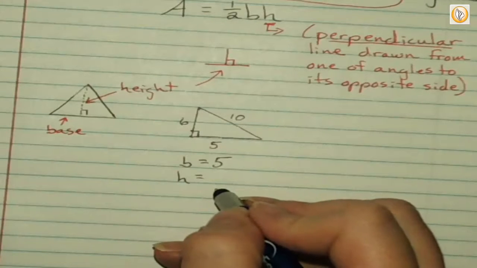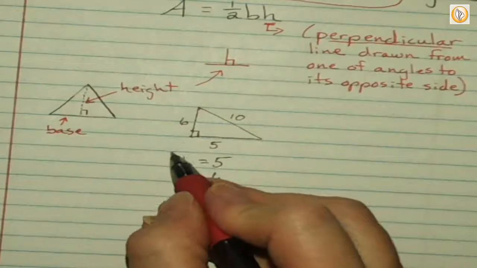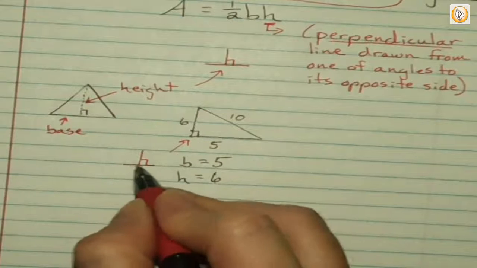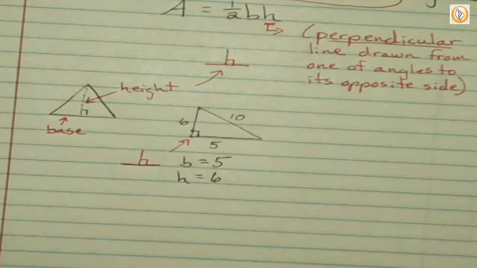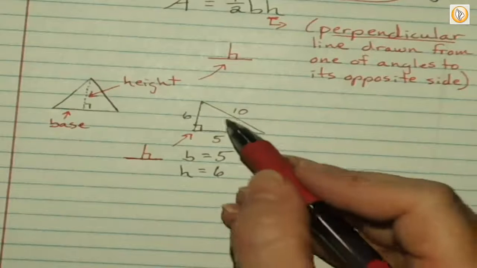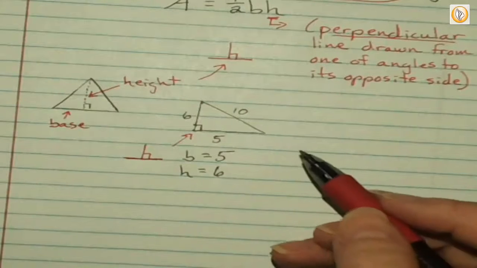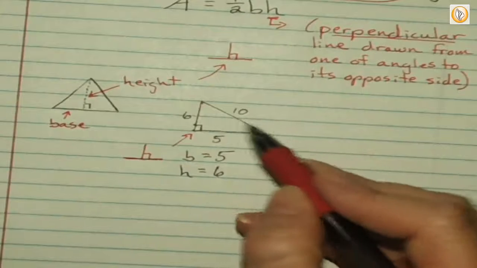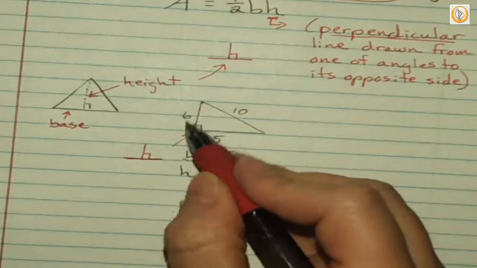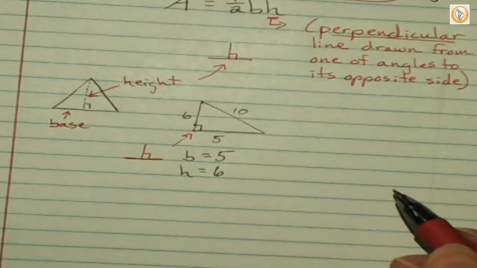It's 6. Notice the perpendicular lines. Y'all see that? 10, well, in this case, it's the hypotenuse. But it's neither the height or the base. So your height and base are going to be the perpendicular lines of the triangle.